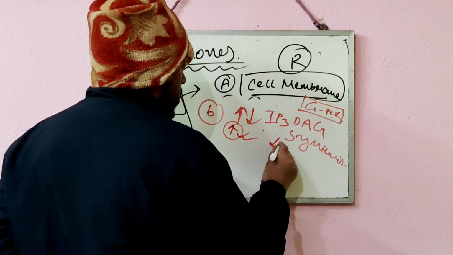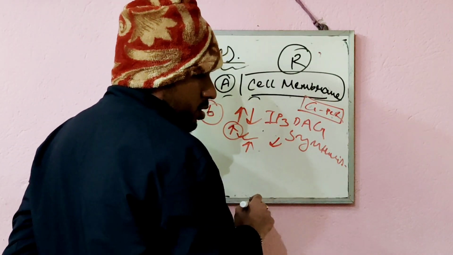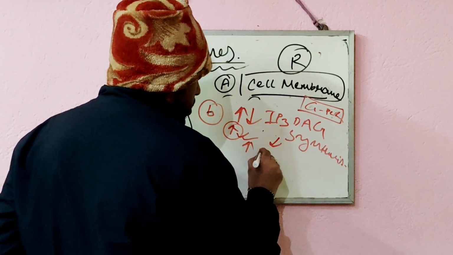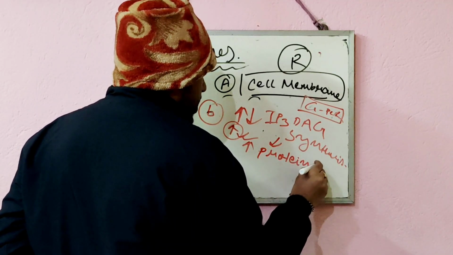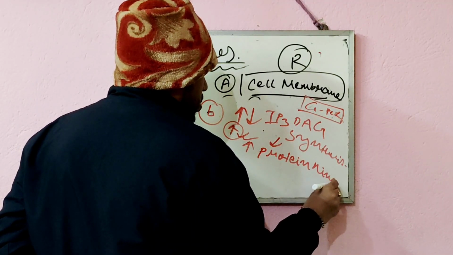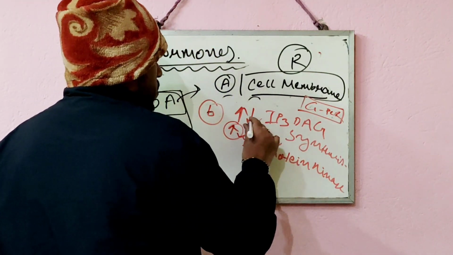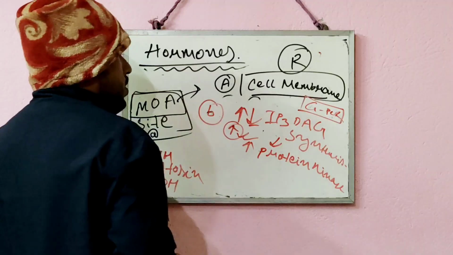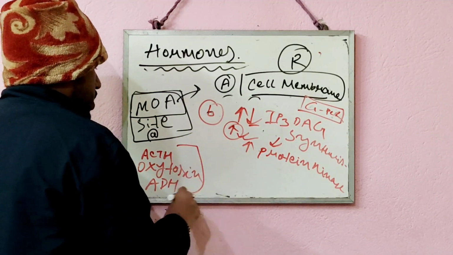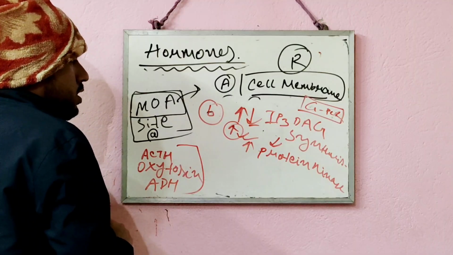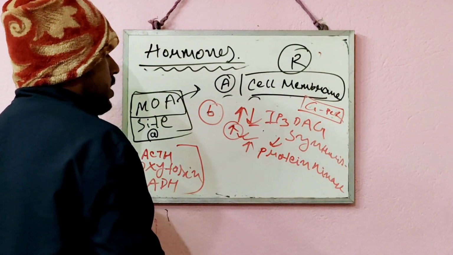That will lead to the activation of protein kinase C. So when IP3 and DAG synthesis is regulated by ACTH, oxytocin and ADH, they promote the synthesis of IP3 and DAG.